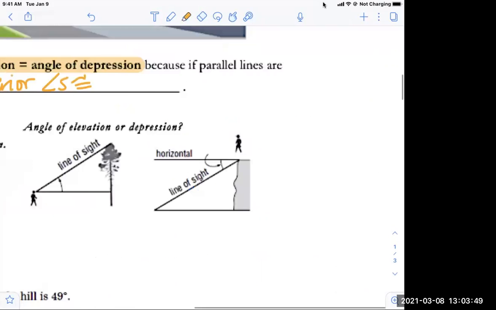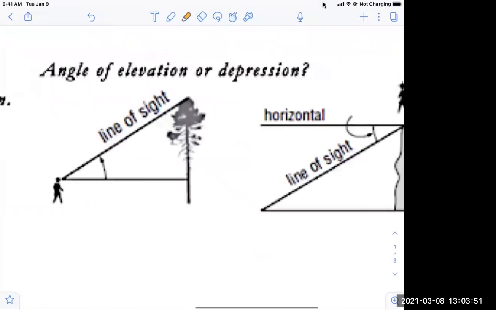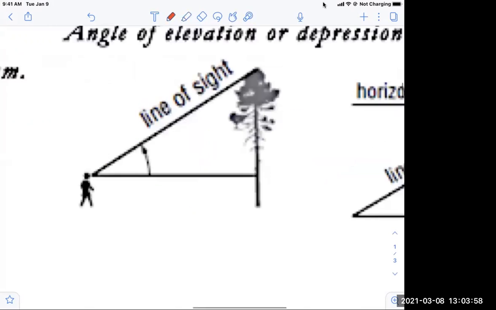Okay, and then for this one, angle of elevation or angle of depression. So you've got a person on the ground looking up at the top of a tree. That makes that an angle of elevation.